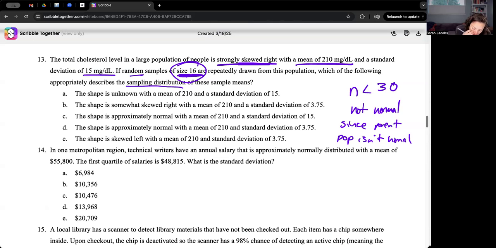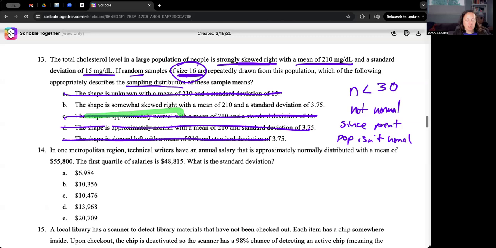Okay. So the shape is unknown? No, that you don't know it. The shape isn't unknown. The shape is approximately normal? Nope, that's out. Shape is also not approximately normal. No. And the skew is not going to change from right to left.